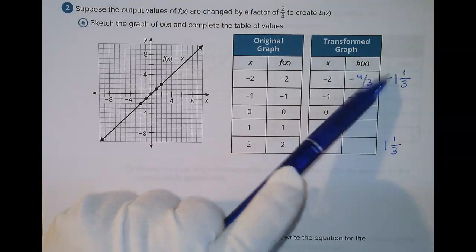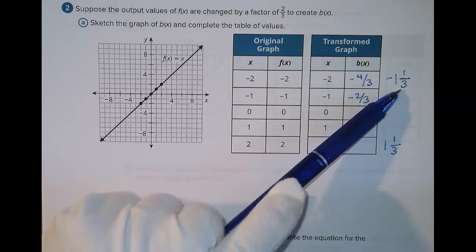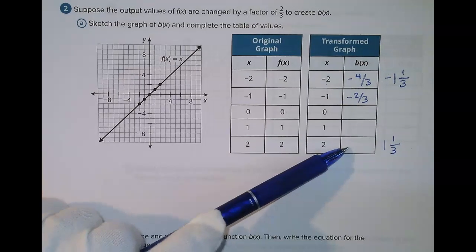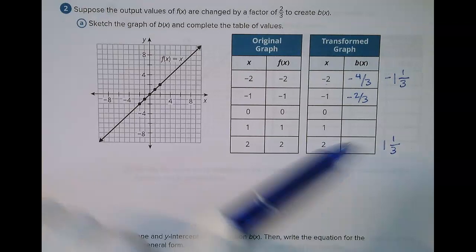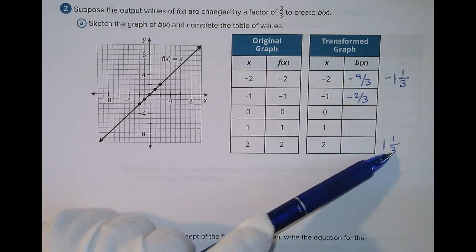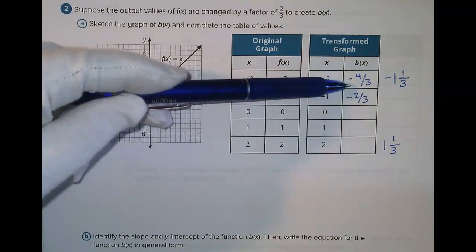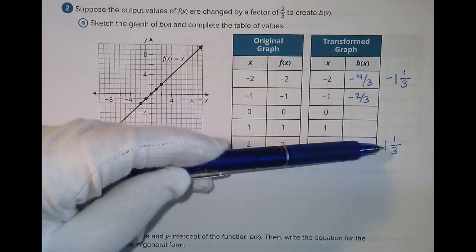This might help you remember where to put it on the graph. And similarly, when you get down here, this is going to equal 1 1/3. So just keep in mind that that's the equivalent of -4/3 and 4/3.